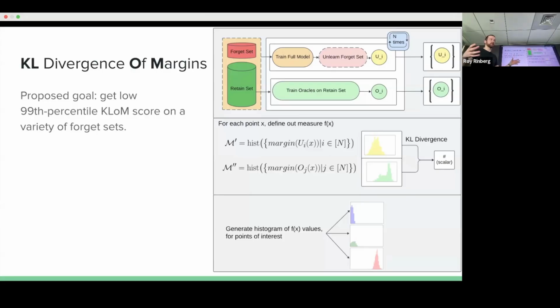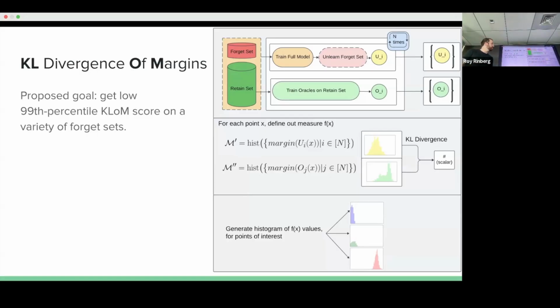It could actually be the full logits, and we could compute a KL divergence across a multi-dimensional thing, but we wanted to flatten it to a single dimension. Basically, let's say I'm very confident in my prediction that this is a picture of a cat, and you also think it's a cat, but you're not confident. I know the difference. But the goal of the margin is to flatten the prediction to a single dimension.